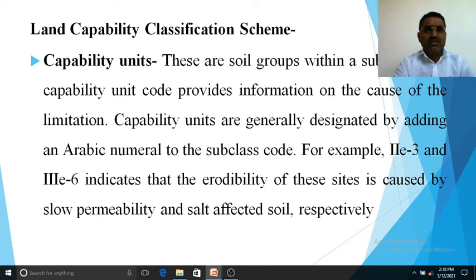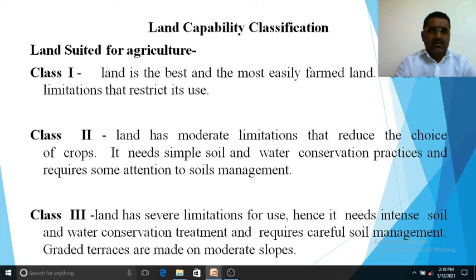So using this scheme there is a classification done by the scientists. Now we have to see the actual land capability classification, which land is suited for which agriculture or for which type of crop. So let us see class first. Land is the best and most easily farmed land.